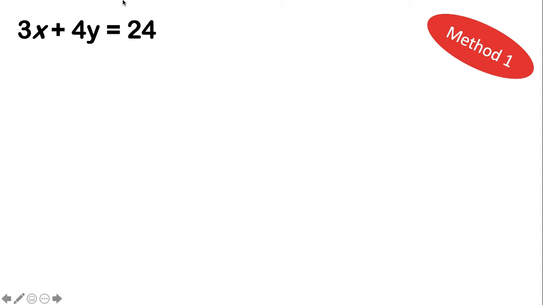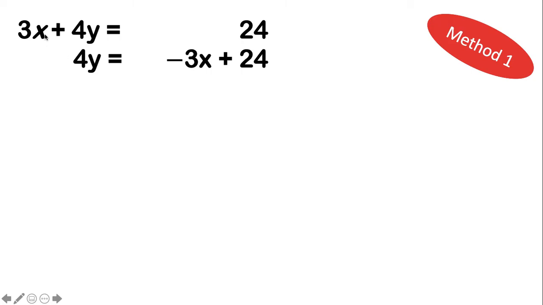So I'm just going to give myself a little more space here by shifting that 24 over. And then I'm going to take the 3x away to try and get the y on its own. So I've taken away the 3x, and then of course I've got to take it away the other side. So 4y equals minus 3x plus 24.